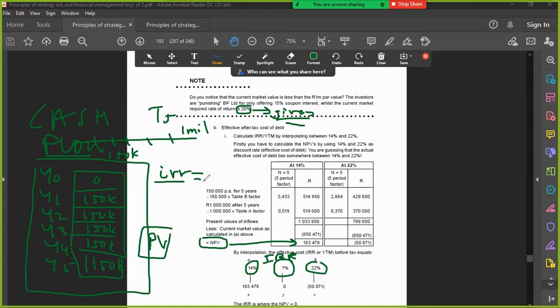Year 5 will be 1,150,000. Okay, let's go back. Just check my cash flows. 1, 2, 3, 4. I should have another cash flow. I've left one out. 5 years. So 150,000. 1,150,000. Okay, let's solve for IRR.